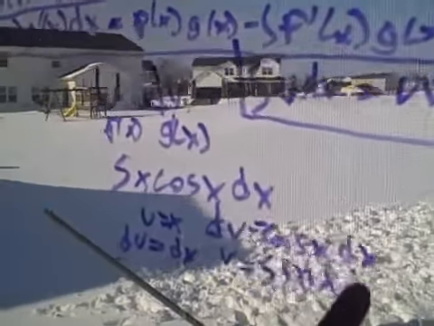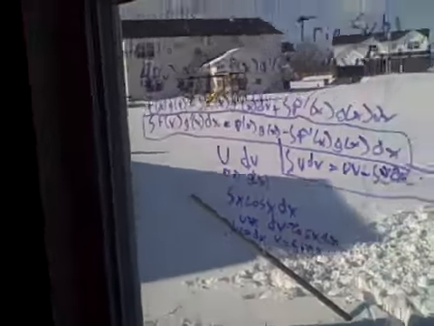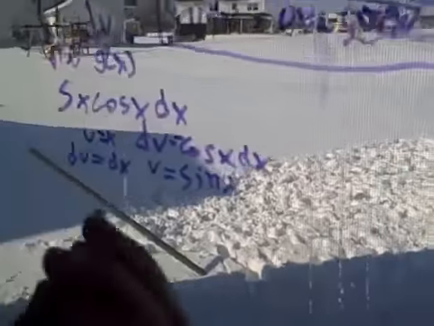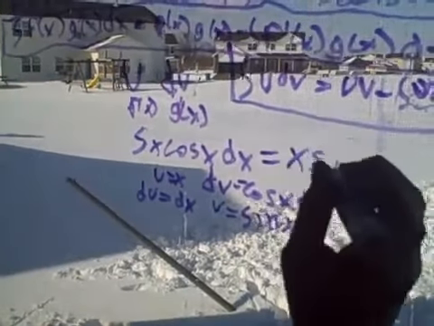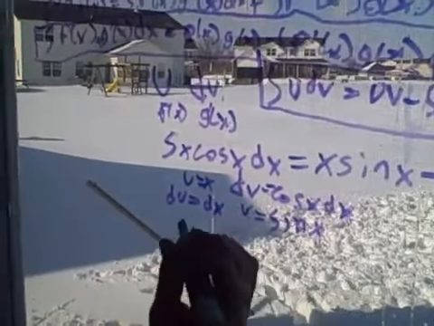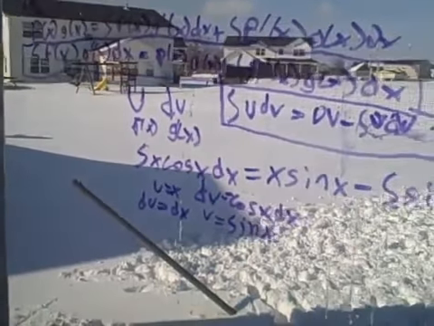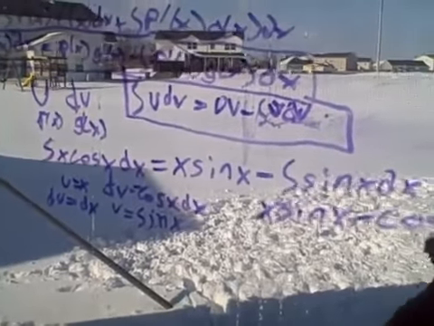Dx goes away. So now I can simplify this. We have the integral of x cosine x dx equals u times v, so this is x sine x minus integral of v du, which is sine x dx. This ends up being x sine x plus cosine x.